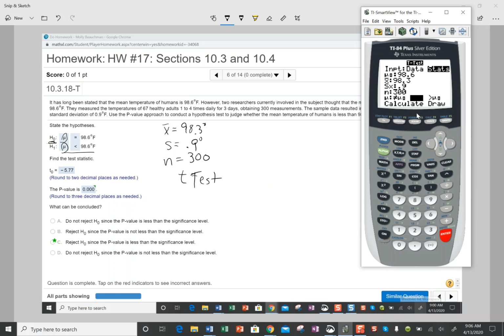So we're going to calculate, and what this is going to give us are two items. It's going to give us the test statistic and the p-value. So our test statistic t is equal to negative 5.77, and our p-value is 9.71632 times 10 to the negative 9. That E means it's in scientific notation.